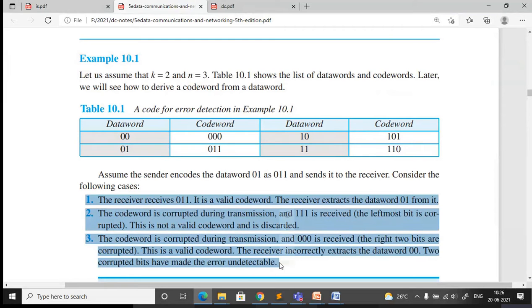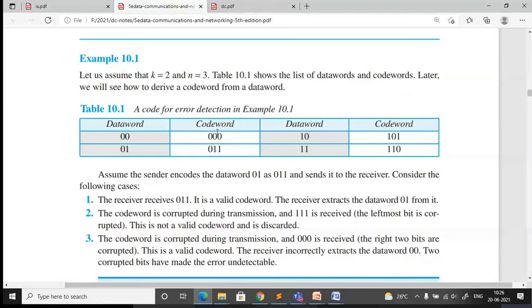If there is no error, it will definitely match a valid code word. If one bit got corrupted, this particular value does not match any of the valid code words, so you come to know that one bit got corrupted. If more than one bit is corrupted, it is not possible to detect. This is what I explained in the previous class.